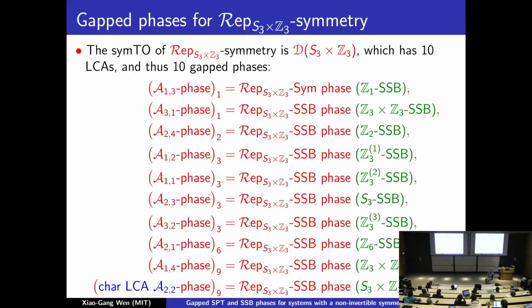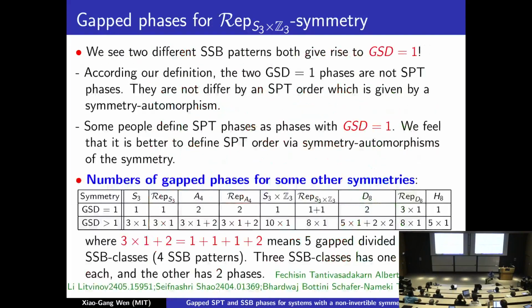For non-invertible symmetry, they are not phase factors. They can be some numbers, integers, and they can be zero. So maybe this is a reason. We try to say maybe this is a better or more reasonable way of organizing different gapped phases for non-invertible symmetry.